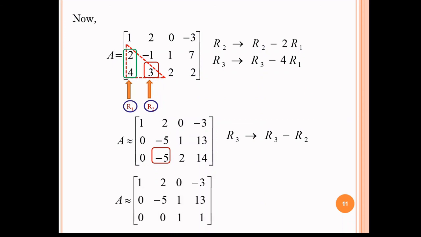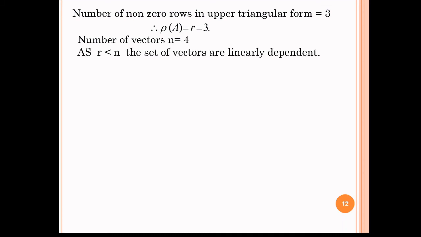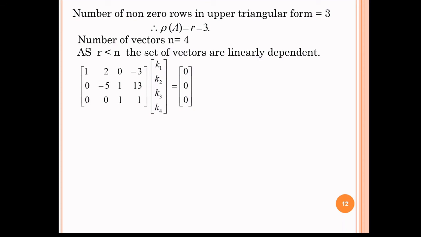Now here you can clearly see that we cannot have any operation such that the 1 present in the last row will become 0 and therefore this is our matrix after transformation and all the 3 rows are non-zero rows and therefore the rank of the matrix is 3. The number of vectors, as discussed earlier, is 4 and therefore the vectors are linearly dependent.